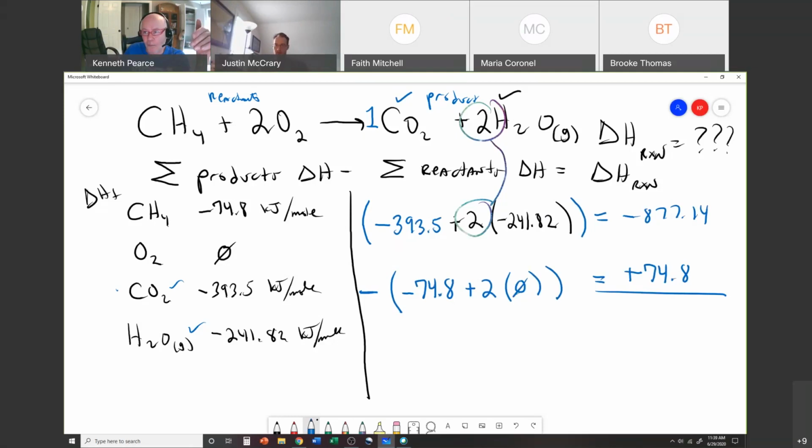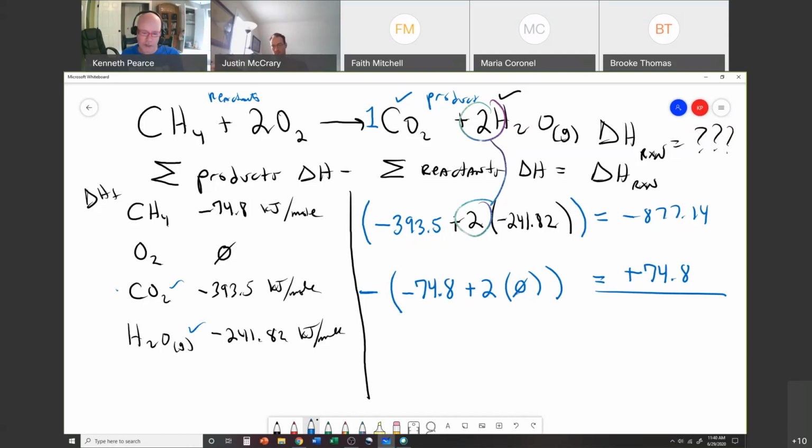So products minus reactants, right? We did the products. That was minus 877.14 kilojoules. We did the reactants. Well, that was plus 74.8. And now what I do is just add them up.